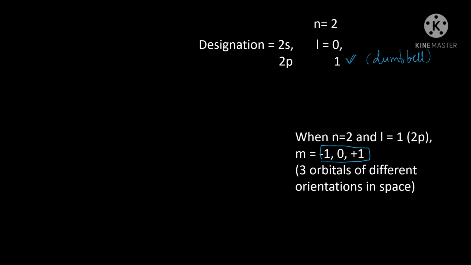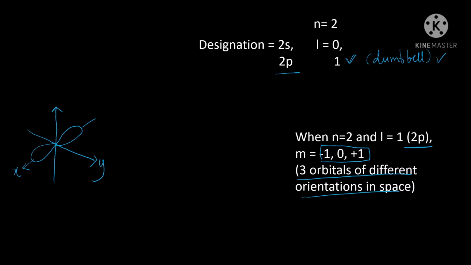As three magnetic quantum number values can be written, it means that there are three orbitals of different orientations in space in the 2p subshell. So how should we draw the three orbitals of different orientations having the dumbbell shape in the 2p subshell? First we draw the dumbbell shape along the x-axis. Then we draw the y-axis and also the z-axis.